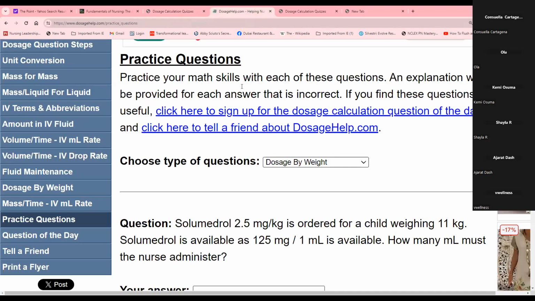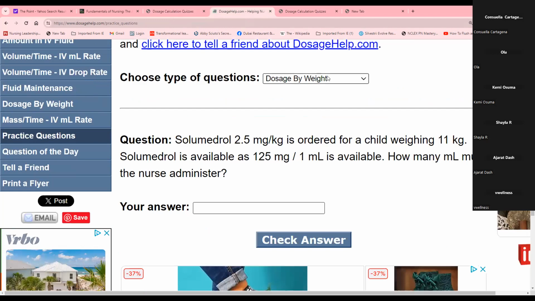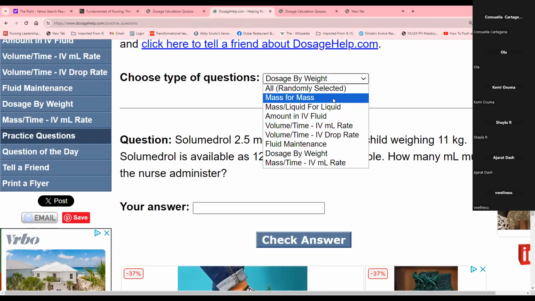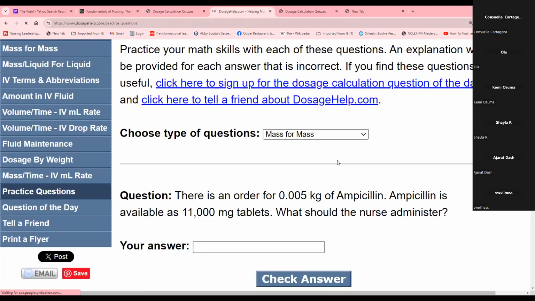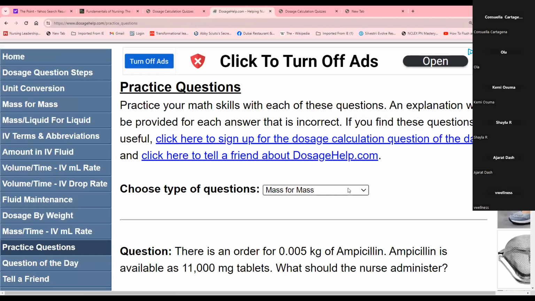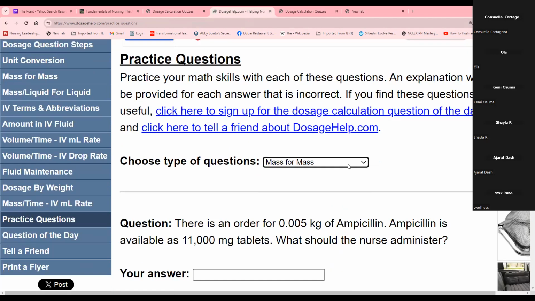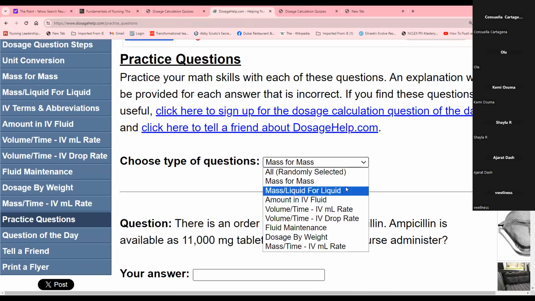That was dosagehealth.com where I was at. This one's kilograms. I think you got to go to unit. I'm not sure what it's giving me here. It only gives me really mass for mass or mass for liquid.